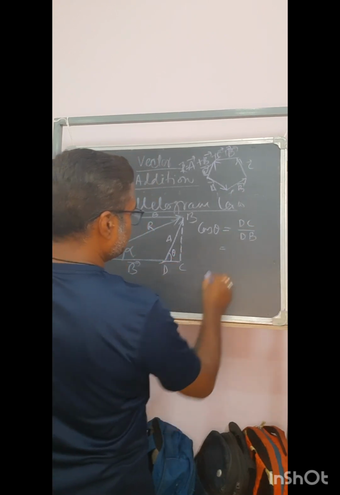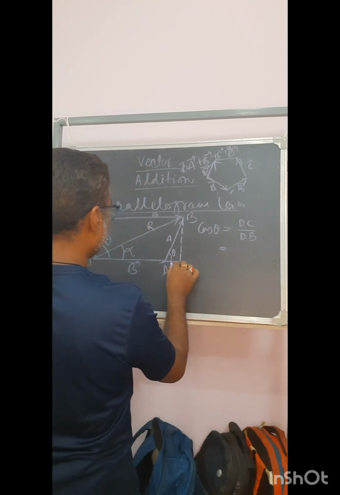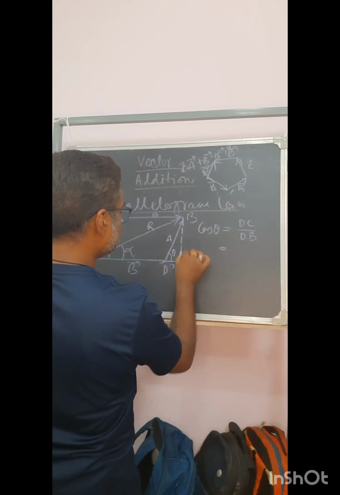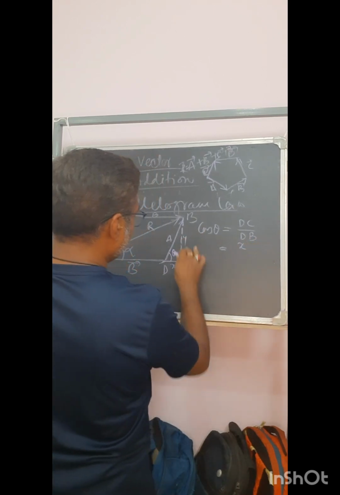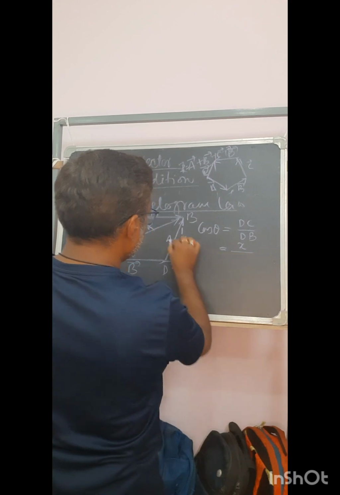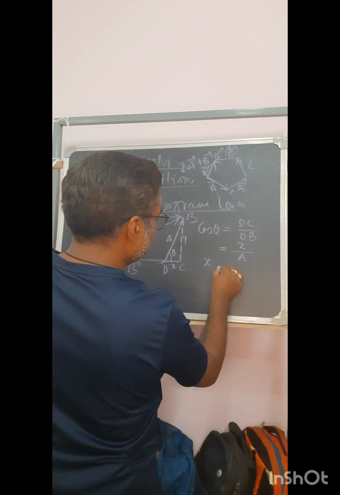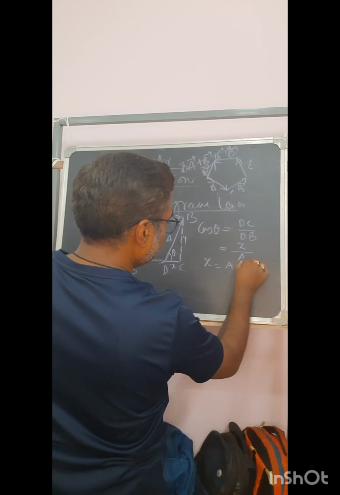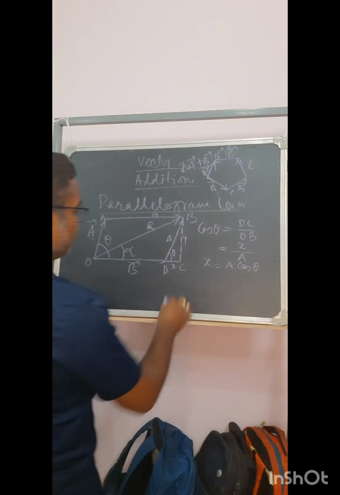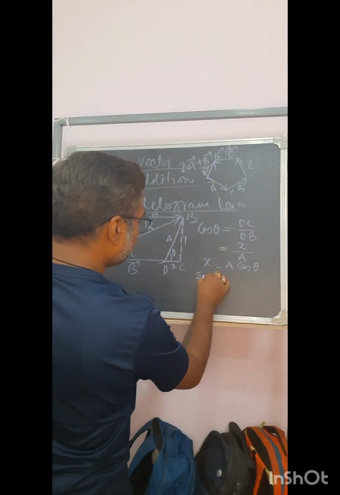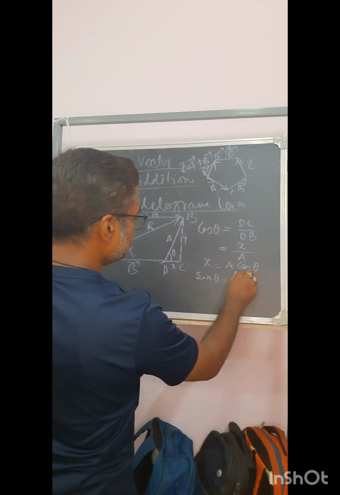For the sake of writing, I'm taking this as x and this as y. So x by DB, which is A, is equal to cos theta. So x is equal to A cos theta.